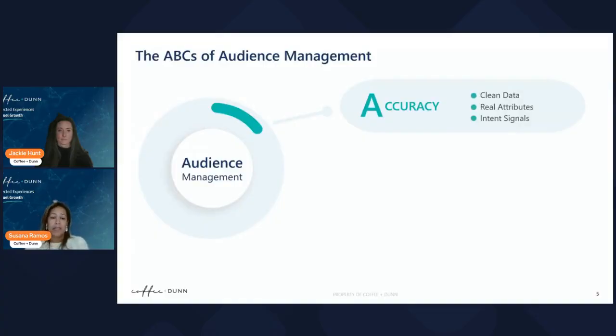So when we're thinking about things like clean data, impactful attributes, and this one is really important. When we are talking about impactful attributes, we're thinking beyond your job title or your role. And it's not to say that those don't have their place, but when we're thinking of what we would call real or impactful attributes, we're thinking beyond demographic, right?